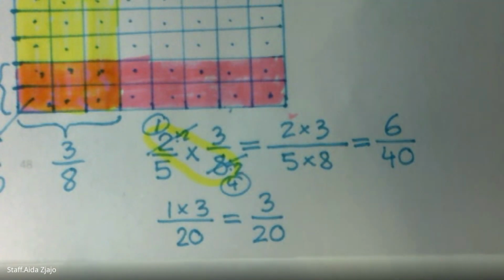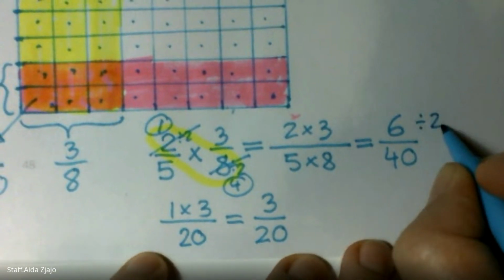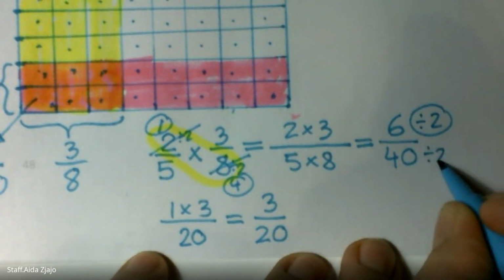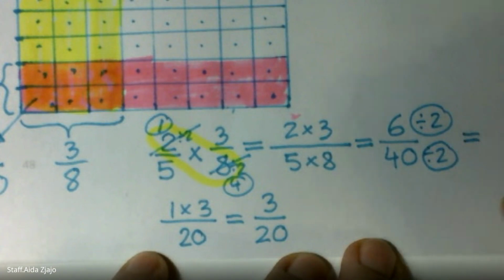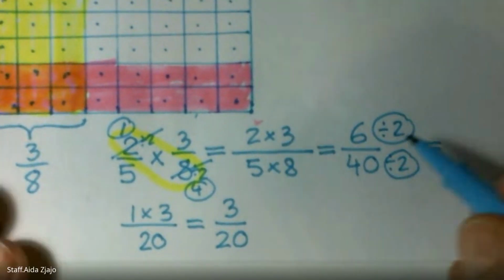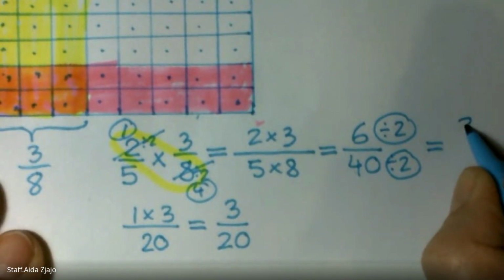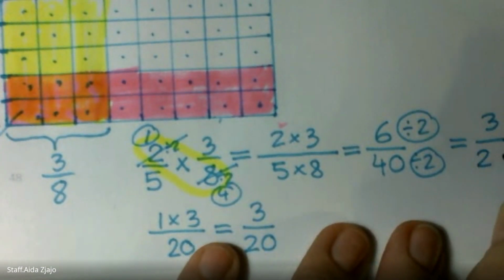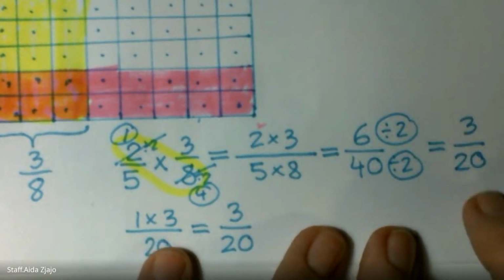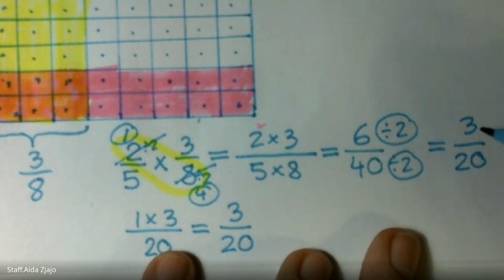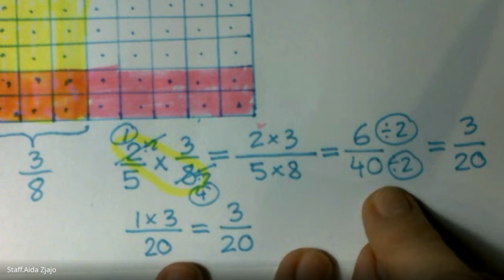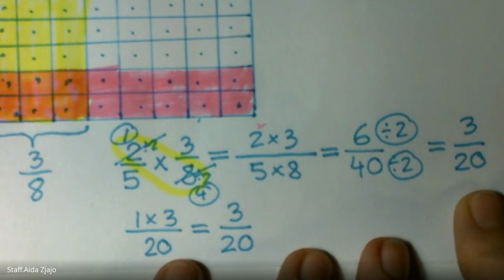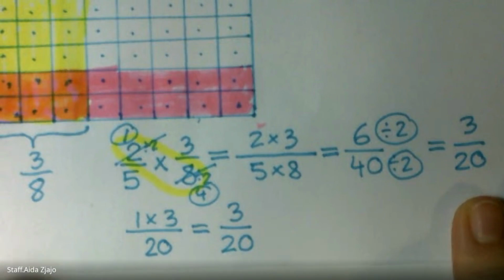So definitely we can divide both by 2 and make a simplest form. 6 divided by 2 is 3, and 40 divided by 2 is 20. We cannot simplify further because 3 is a prime number and 20 is not divisible by 3. So 6/40 is the same as 3/20.